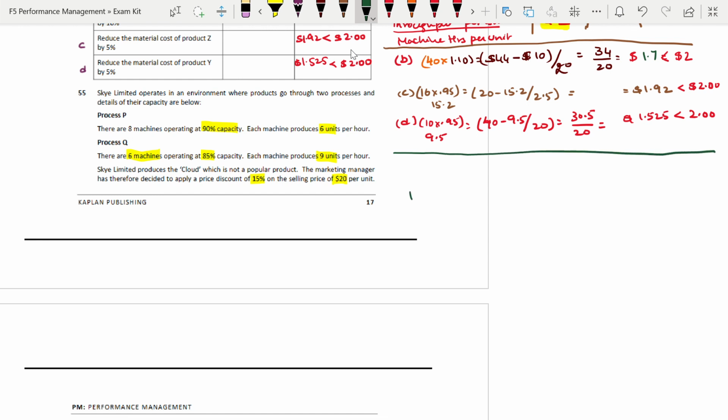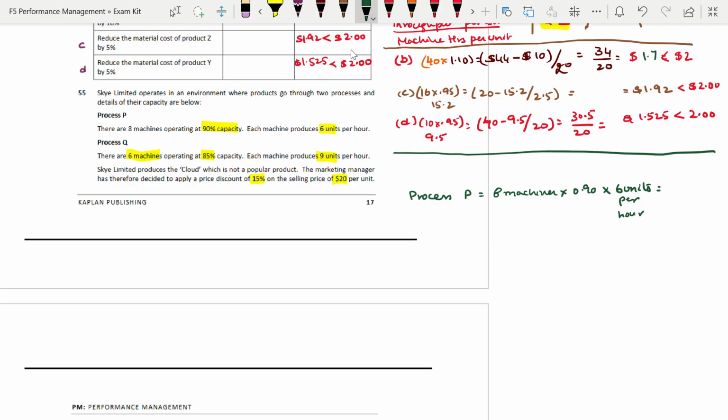Now, what is process P? Process P has how many machines? 8 machines, times how much is the capacity? 90% capacity, times how many units? 6 units per hour.